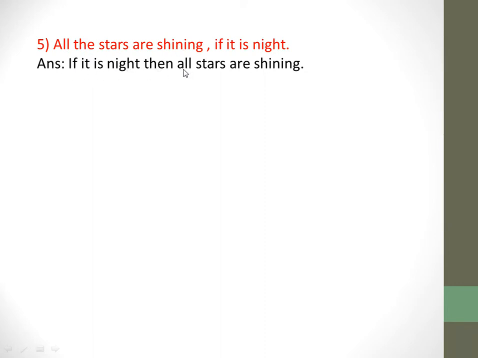And the word "all" is also used here, and this is an important word. You know that it is a universal quantifier, and while taking its negation, all becomes some. Remember this. So first of all, it is an if-then type of statement, and also it is a quantified statement. You must remember this.